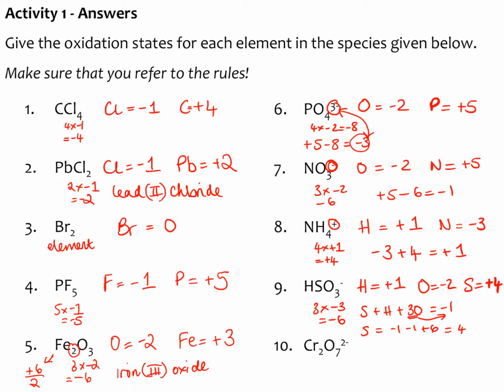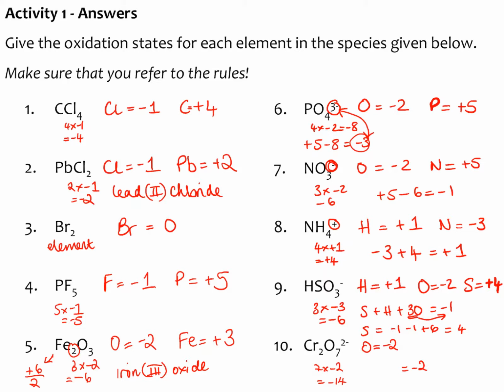And finally dichromate, Cr2O7 2-. Now again the oxygen is going to be -2 because there's no F and it's not a peroxide. We have 7 of these oxygens, so overall the oxygen will contribute a -14 charge overall.